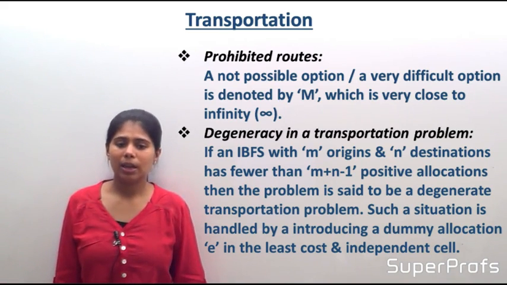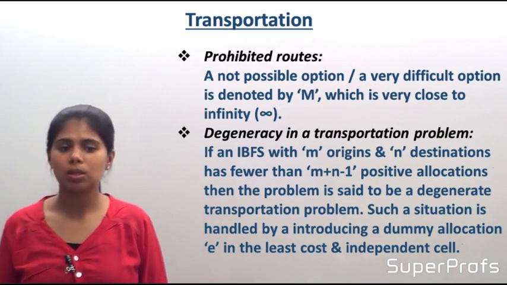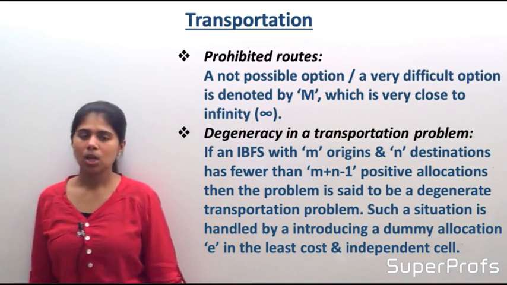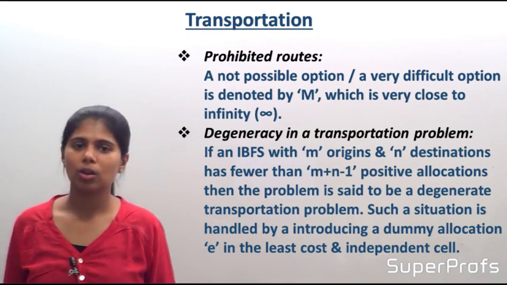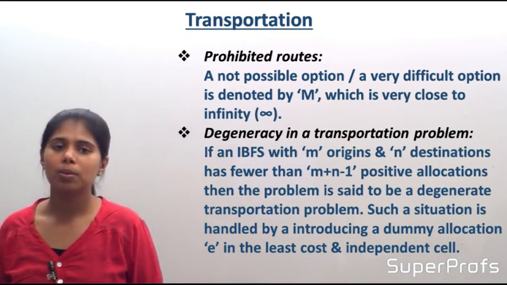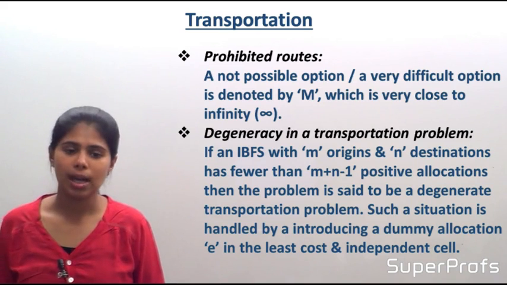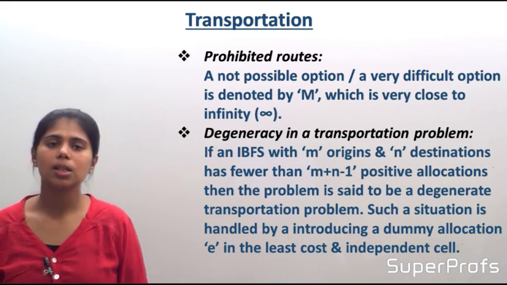If an IBFS with M origins and N destinations has fewer than M plus N minus 1 positive allocations, so this is nothing but the order of the matrix. So if my allocations in the IBFS is lesser than the order of the matrix, then the problem is said to be degenerate transportation problem. Such a situation is handled by introducing a dummy allocation E in the least cost and independent cell.